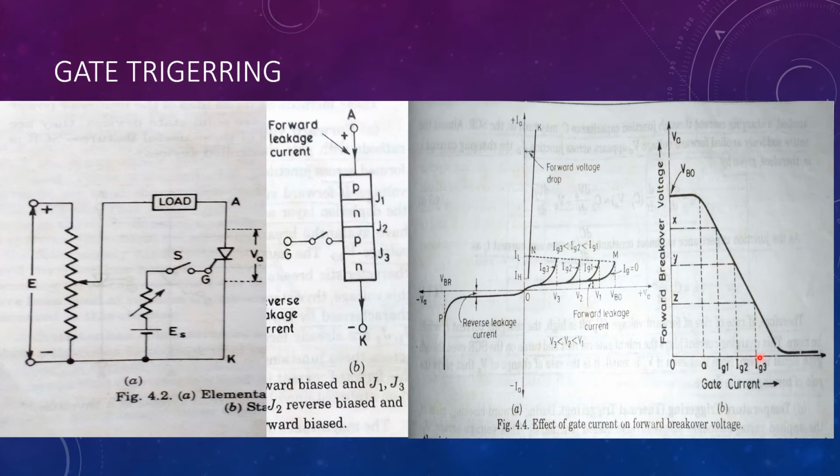As you can see in this diagram, for no gate current, the SCR turns on at a forward breakover voltage of VBO, which is very high. And for higher gate currents, the SCR turns on at lower breakdown voltages.